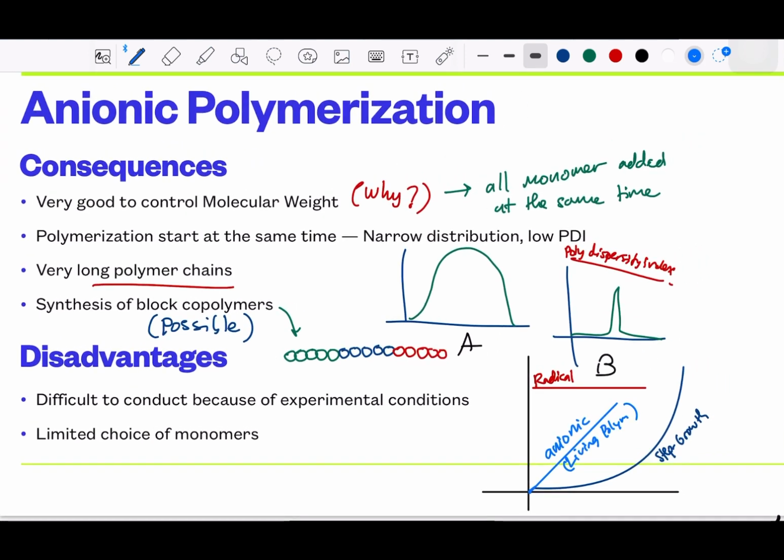And the consequence is that we also get some disadvantages. The first is the conditions. We need to make sure the conditions are possible for anionic polymerizations, and then there are not many monomers that we can use. So it's just limited monomers.